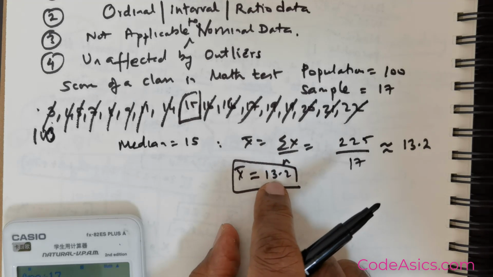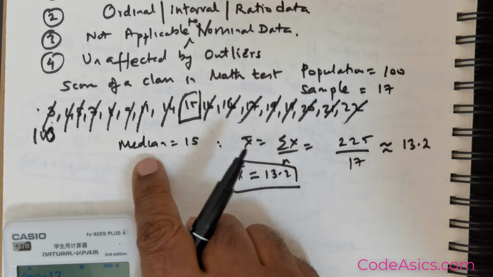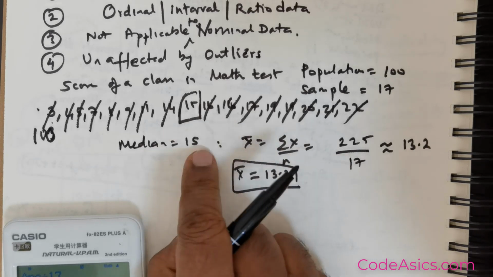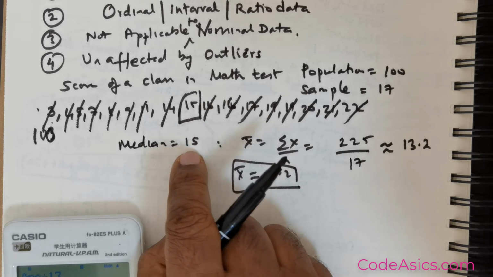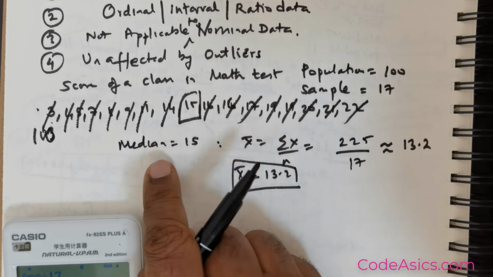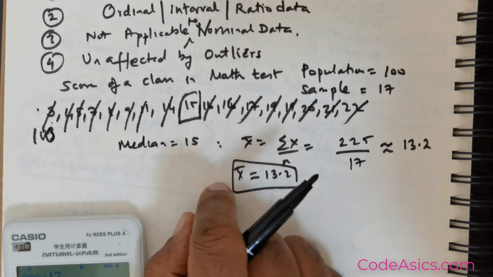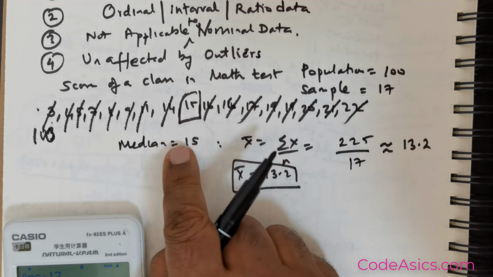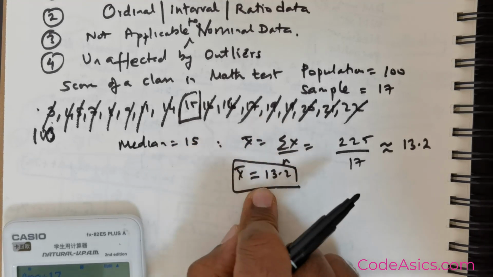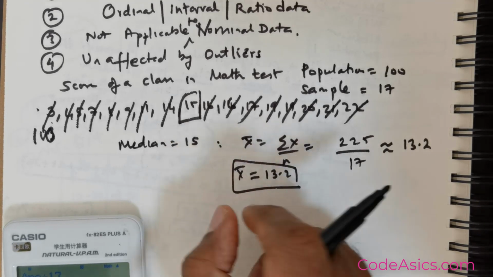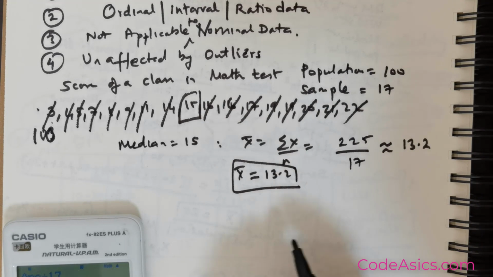That is the conclusion that we are drawing here in the math test. And the median is 15. That means if I were to infer this, on an average, students have got 15 marks in the math test. Now between the median and the mean, there is not much of a difference between 13.2 and 15. So we can draw a better idea of the class.